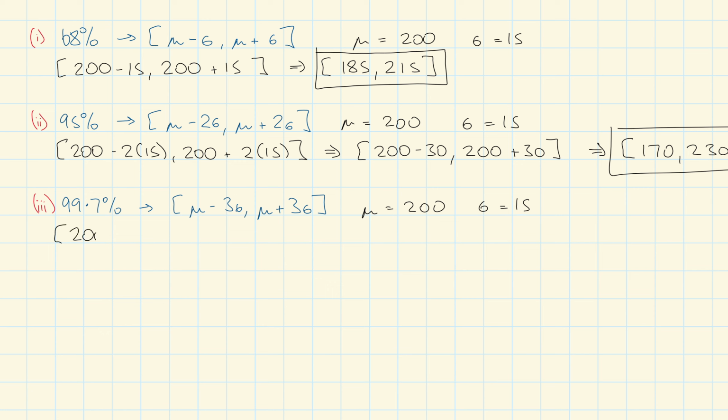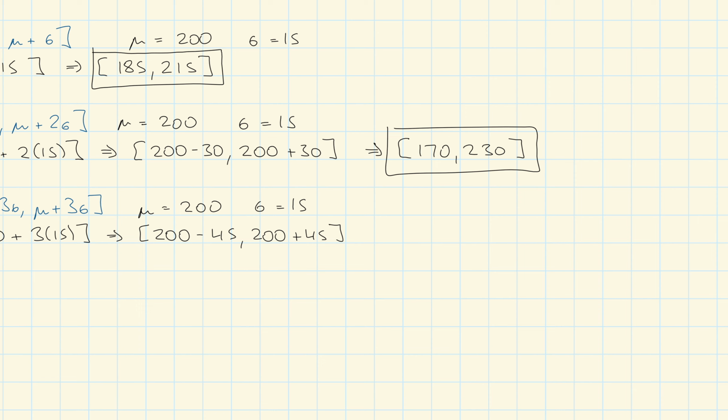So we get 200 minus 3 times 15, 200 plus 3 times 15. Bit of tidying up. That's 200 minus 45, 200 plus 45. So we get 155 and then 245. And there's my answer for that.